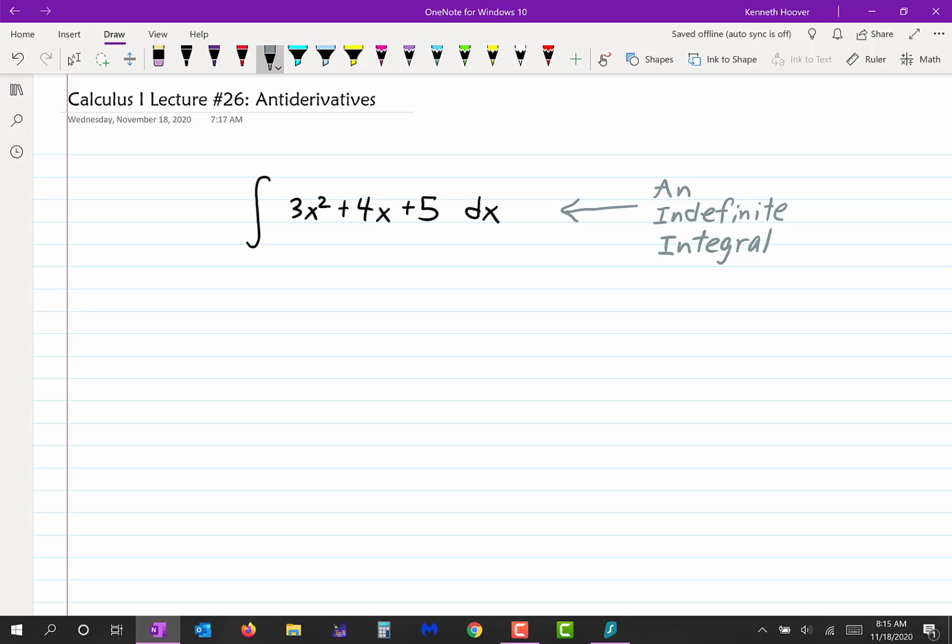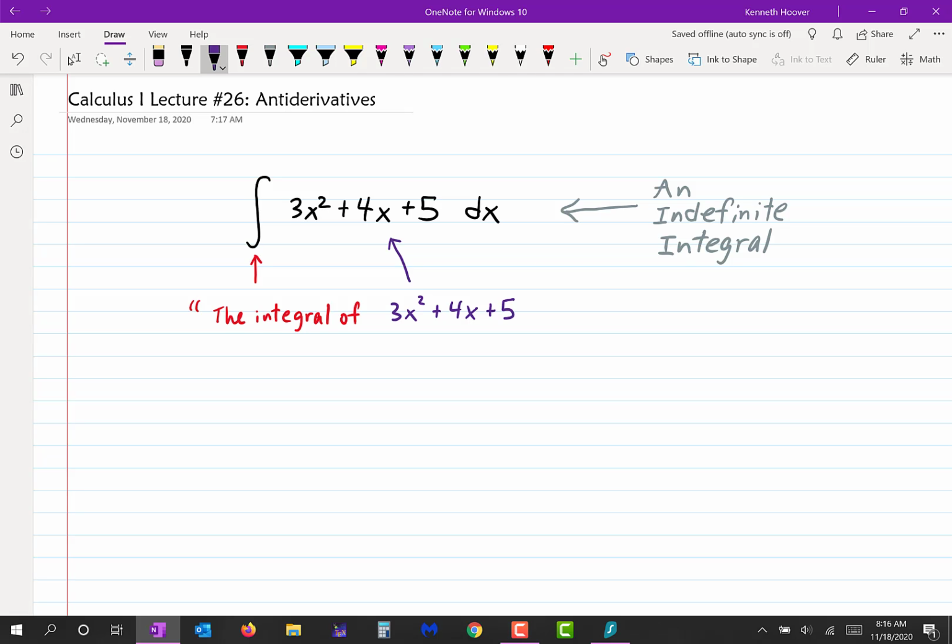Okay, and here's how you read it. I'll say the words that come out of your mouth as you move your eyes across those symbols. So that part right there, you say the integral of, and then let's use a different color. This part's pretty self-explanatory. 3x squared plus 4x plus 5.